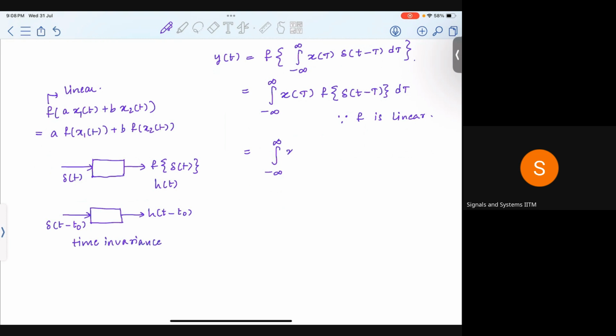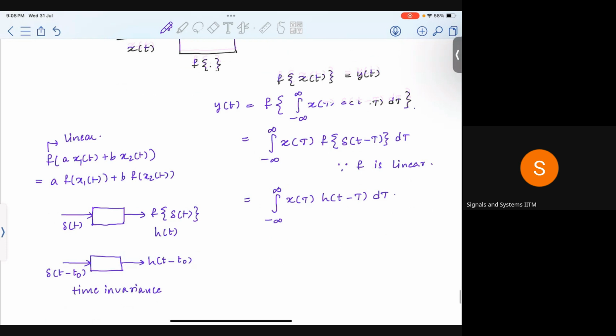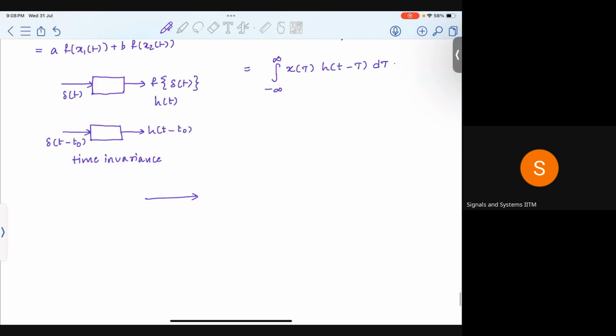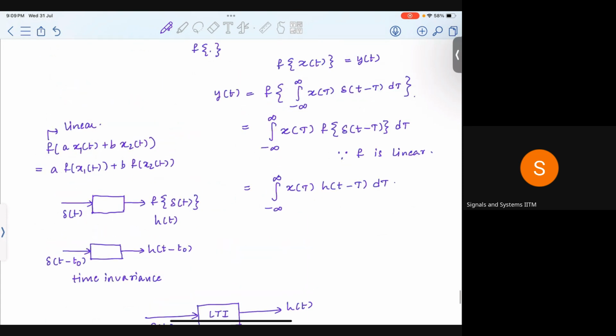Because of that, this is the integral of x of tau h of t minus tau d tau. So when you transmit del of t into an LTI system, your output is h of t. This is only true for an LTI system. f can be taken inside because of linearity, and the shift happens because f is time invariant. If either of these two constraints fails, this may not happen.